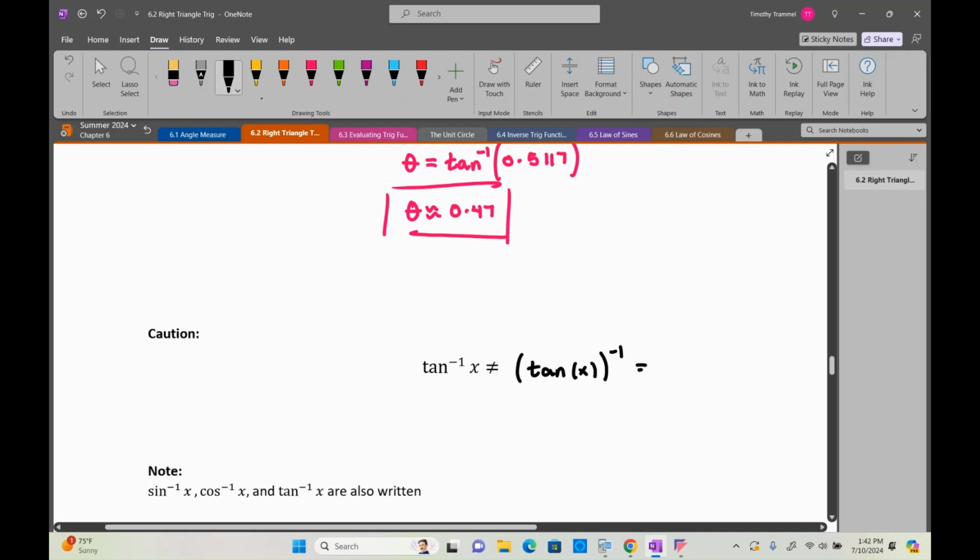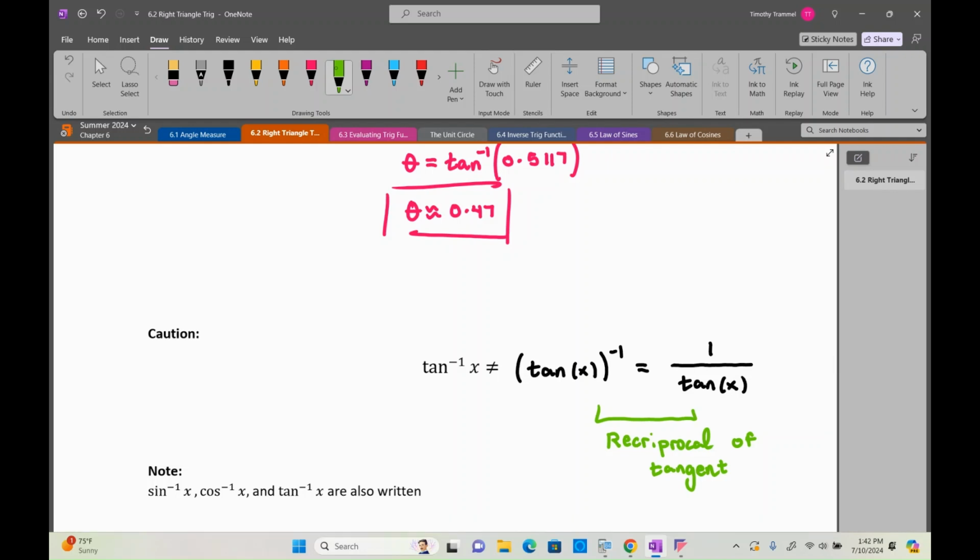And by reciprocal, all we really mean here is that this is equal to 1 over tangent of x. Okay. So these two things here mean the reciprocal of tangent. Meaning really that those two things on the right are equivalent to cotangent for most values of x.